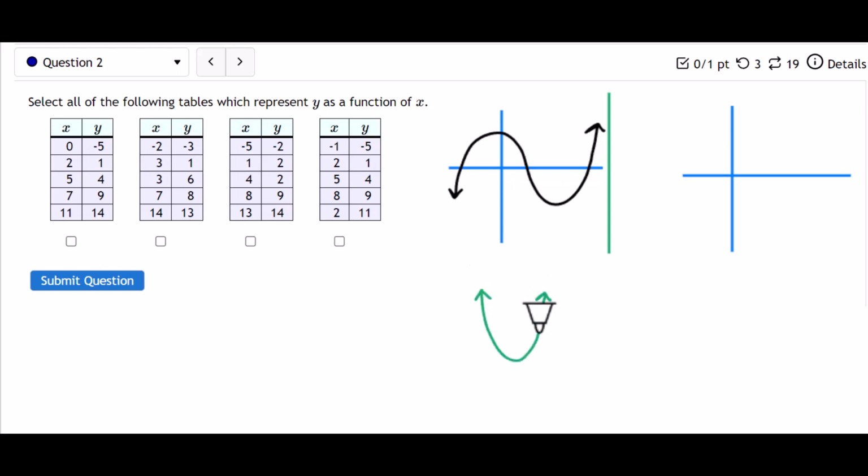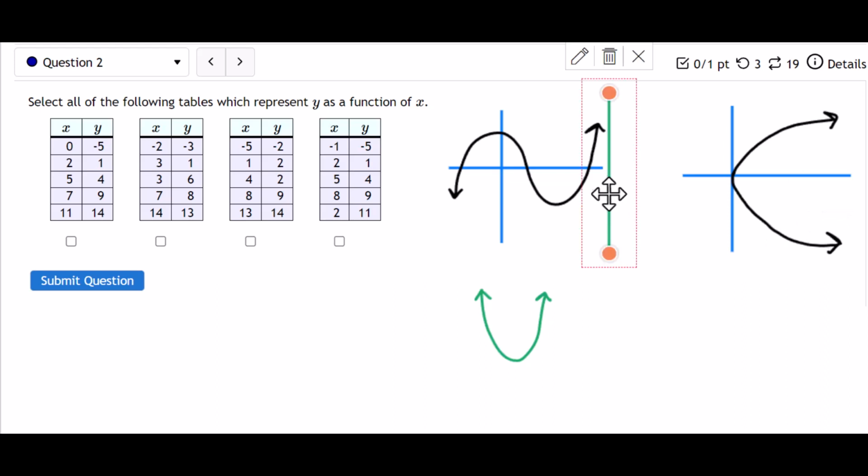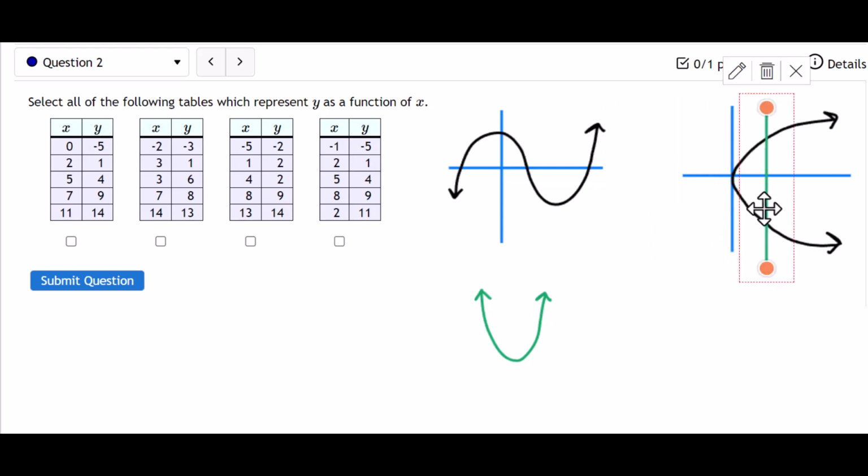What if I just turn that on its side and it looks something like this? Is this a function? Well, that answer is going to be no, because when I move this vertical line across this graph here, it intersects in two places. So I have an intersection here and another intersection here.